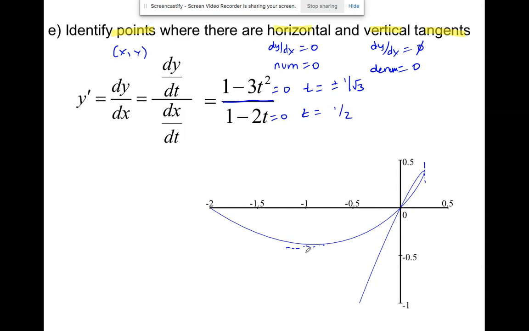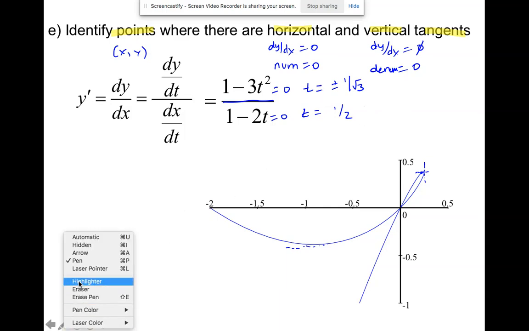Where's the other horizontal tangent, do you think? I bet it's about right there. What do you think? Just a little bit before the maximum. All right, so what do I need? So I'm done, right? No, you found the time at which those occur.